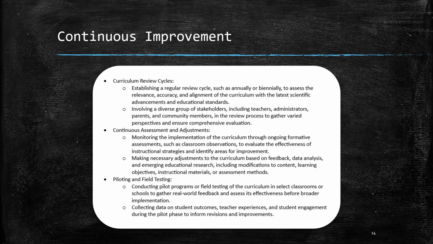Data-driven decision-making. Teacher and student feedback. Curriculum review cycles. Continuous assessment and adjustments. Piloting and field testing. You can find details related to these items on the document associated with this presentation through the Learning Management System.